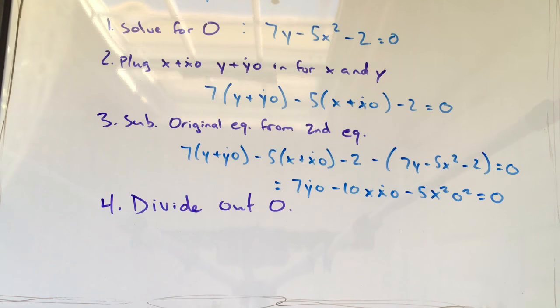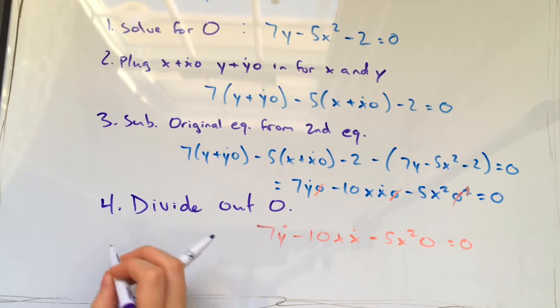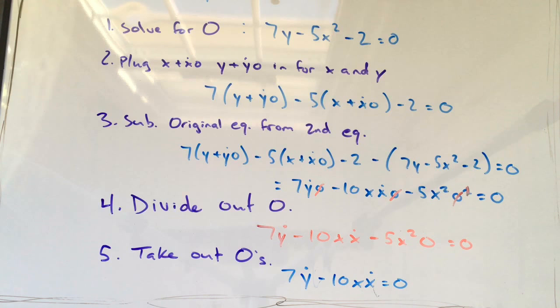The fourth step would be to divide out O, the small amount of time. And the fifth step would be to remove any terms connected with any remaining O's because they are no longer needed.